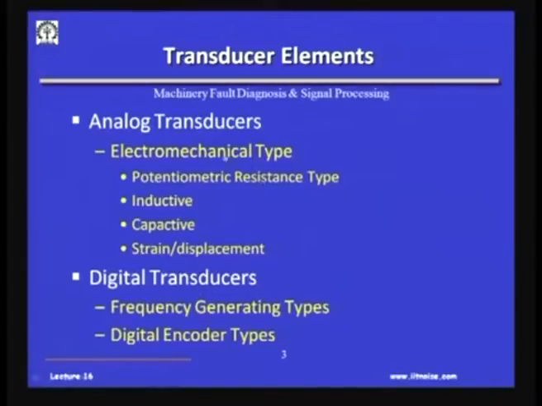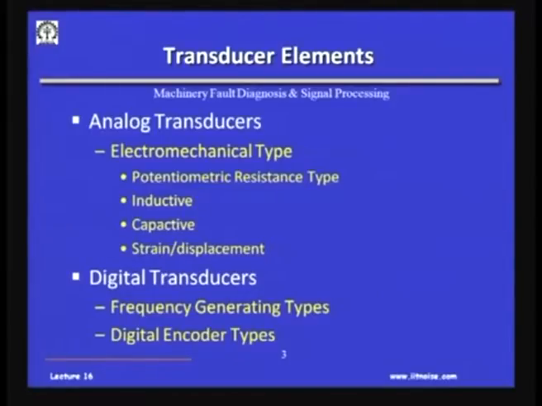In analog transducers, we have the electromechanical type, basically a resistance type, an inductive type, a capacitive type, or a strain displacement type. Okay. So, this is the technique. I mean, these are not the mechanical parameters. Mechanical parameters could be anything, but by having these sensing elements, I can measure the mechanical component.